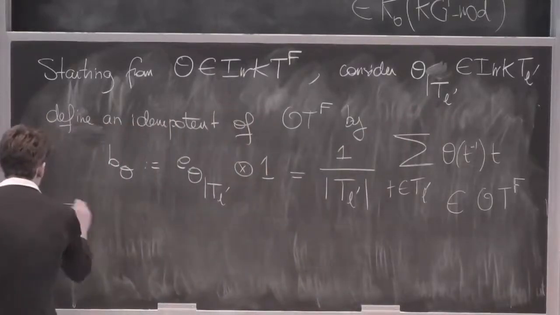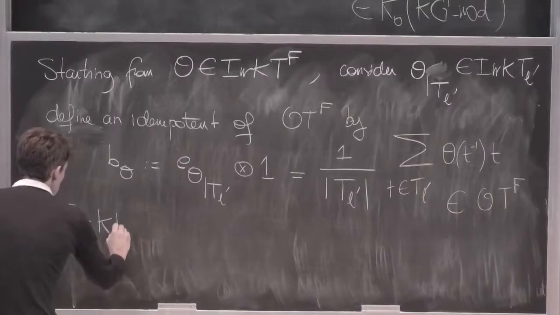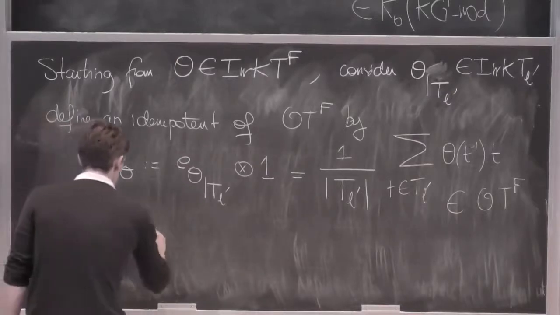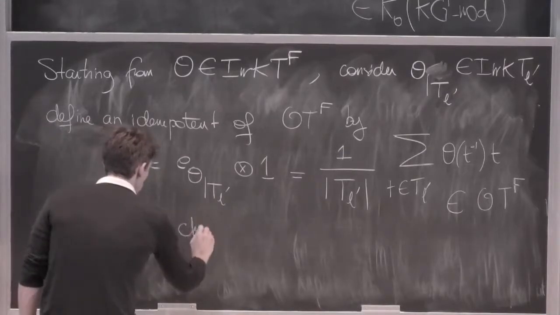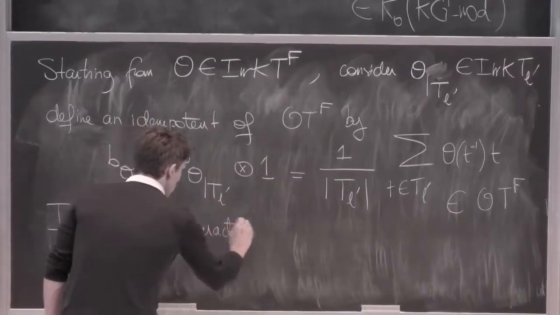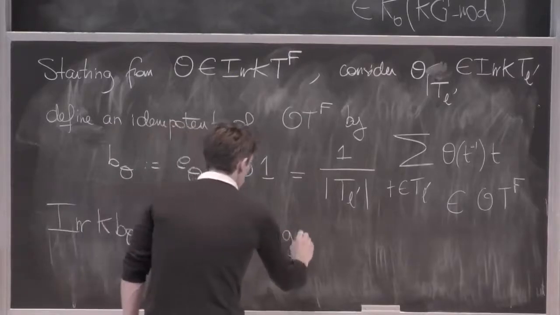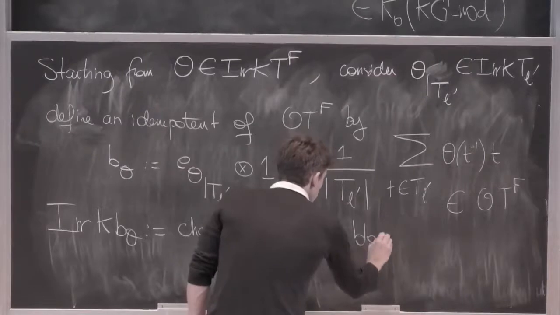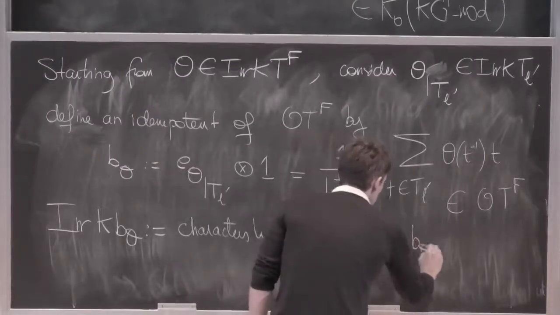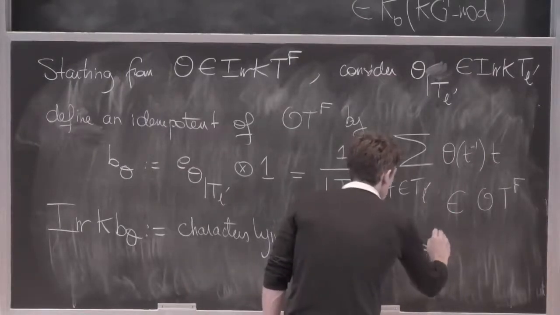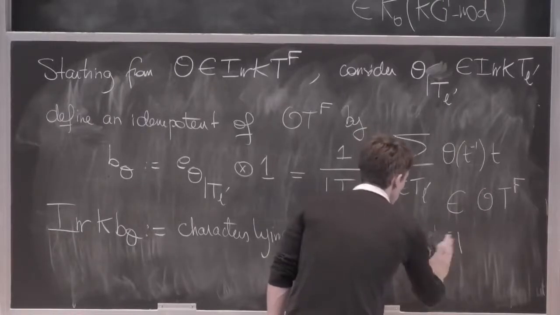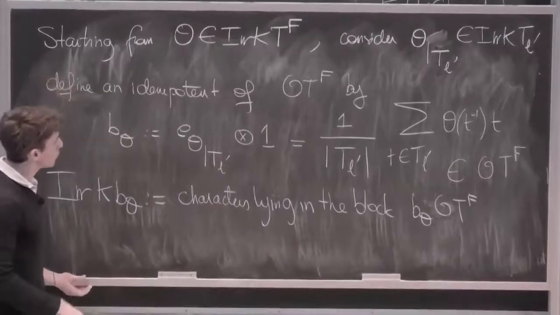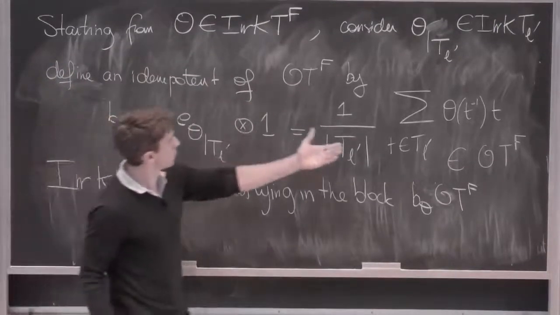So the irreducible characters that you will get in this block, by definition, will be the characters lying in the block corresponding to this idempotent, B theta, K, OTF.